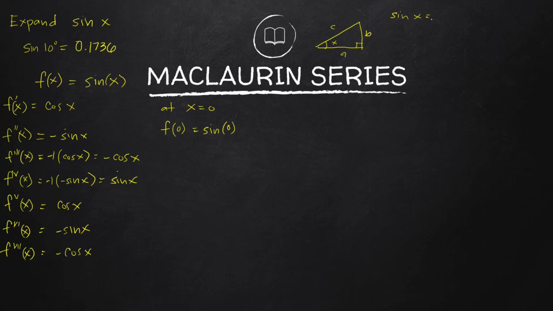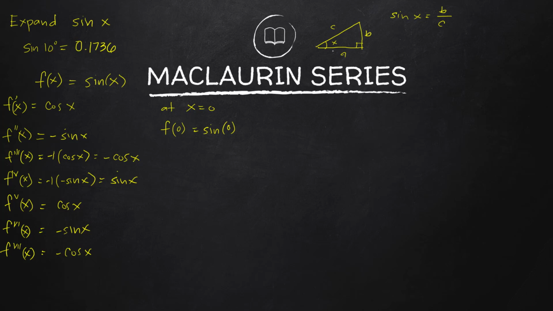So sine of x is equal to the opposite side, that is B, over the hypotenuse. And the angle is equal to 0.